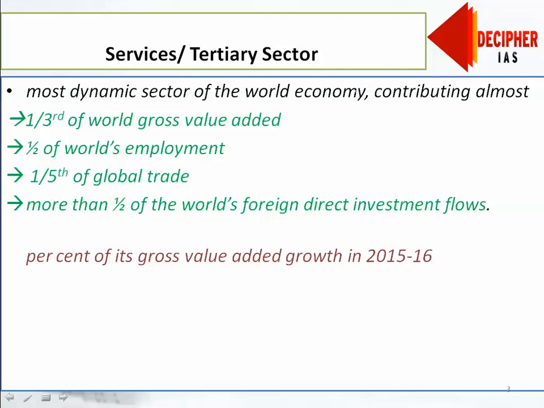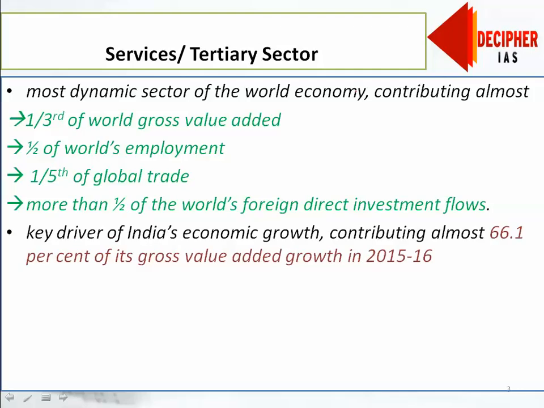Fine. So the key driver of India's economic growth has been services, because it has contributed 66.1% of its gross value added growth in 2015-16. Also, it is important net foreign exchange earner. You might be knowing that IT services is mostly exported to UK and USA as well as Germany.